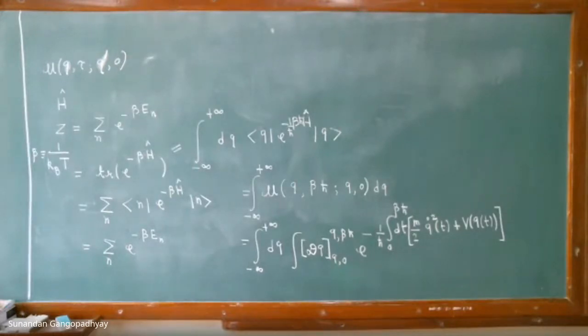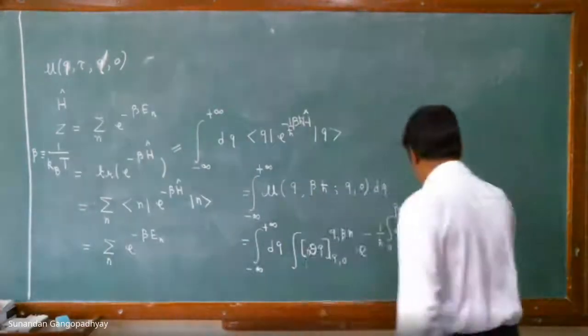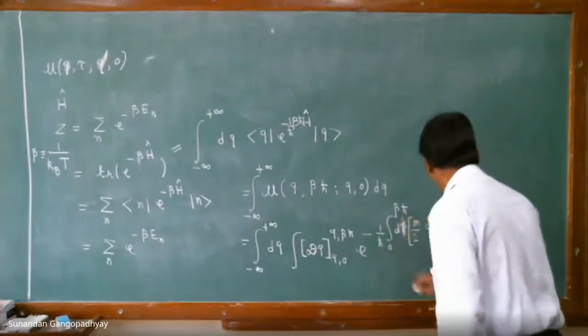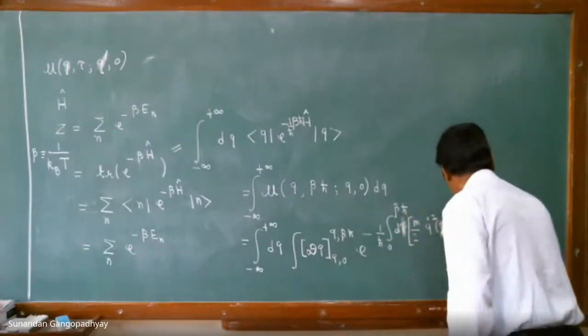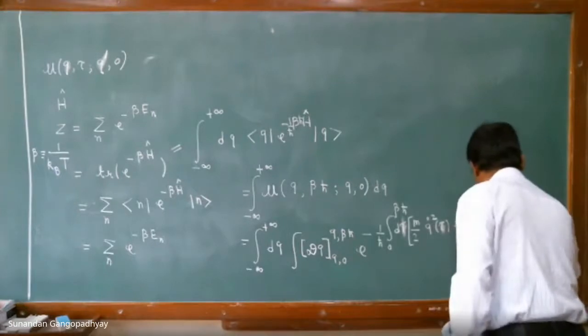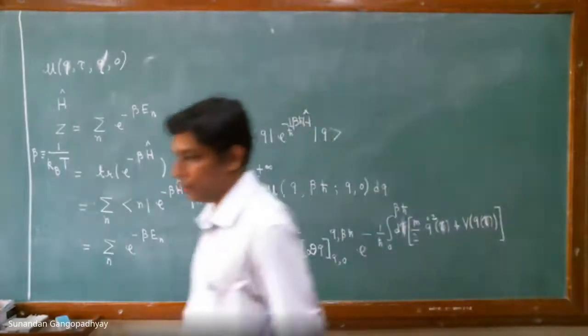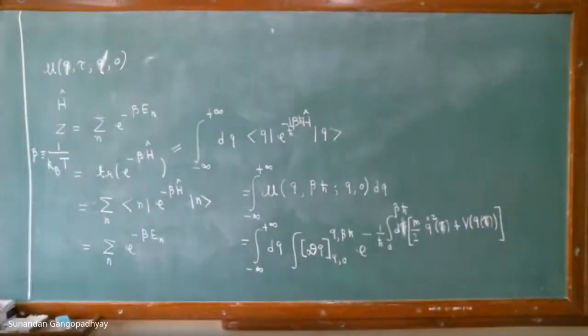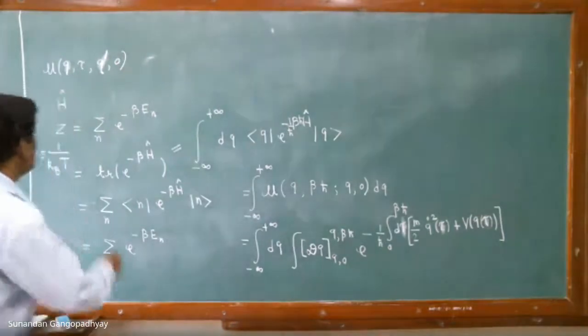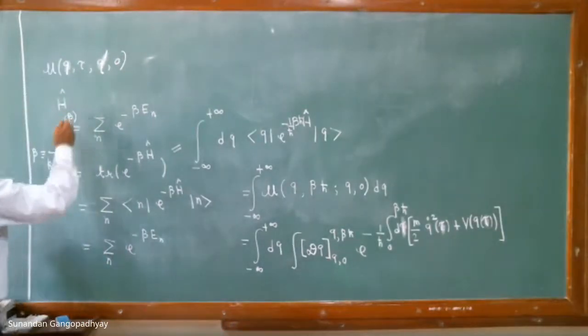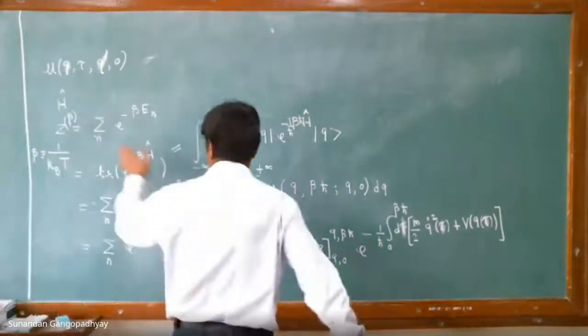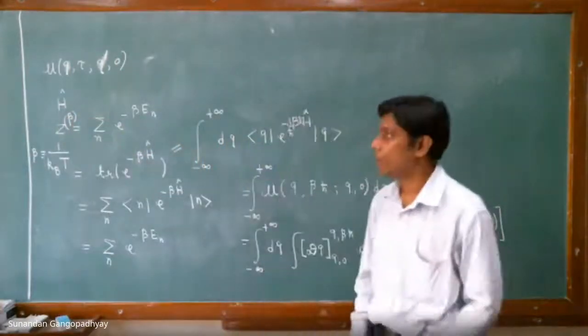You can call this t, or you can call this tau, whatever you like, because this is a dummy variable of integration. But the important thing is that this sign is plus. This is a Euclidean action. And therefore you can see that the partition function, which is basically a function of beta, when you carry out this sum, will be a function of the temperature.